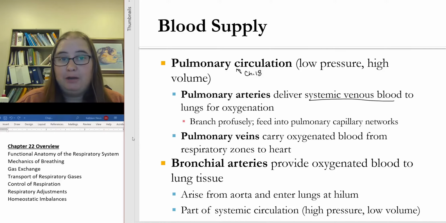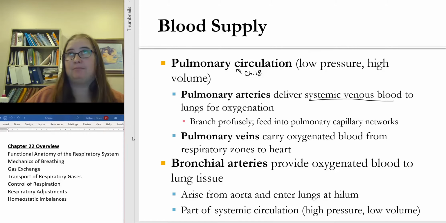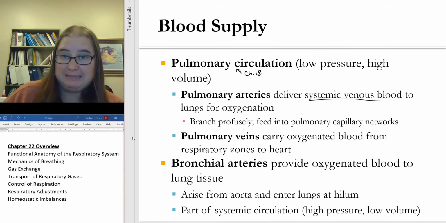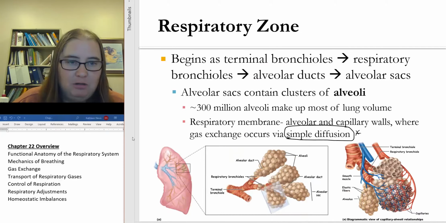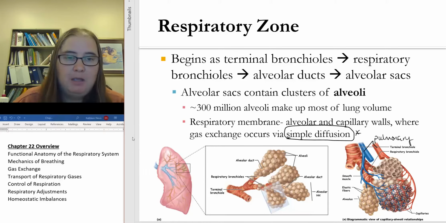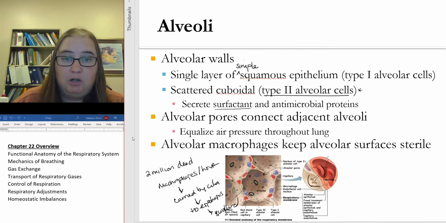So pulmonary circulation is really going to supply our systemic system with the oxygen that it needs. This interface here is pulmonary, where that gas exchange is going to be occurring.